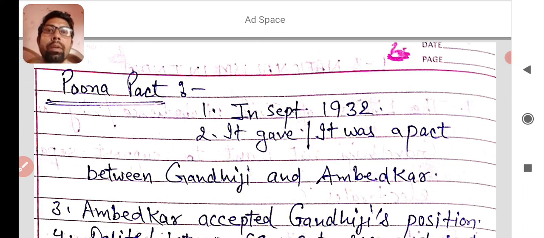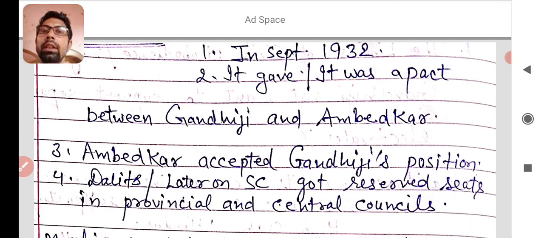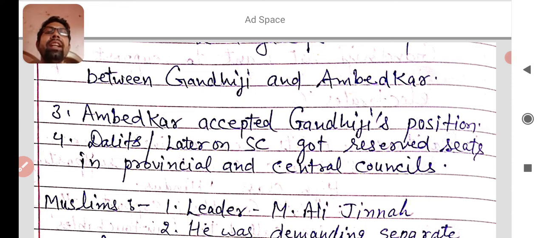But what was the pact between Gandhiji and Ambedkar in the Pune Pact? Pune is in Maharashtra, you know. Ambedkar accepted Gandhiji's position. It means Gandhiji was on fast and Ambedkar accepted Gandhiji's position, or opinion.